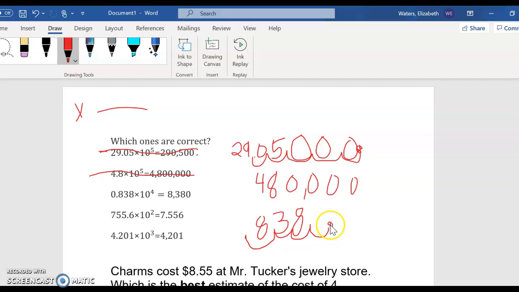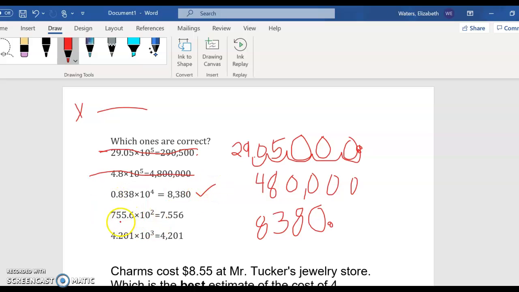My new decimal goes here. A 0 goes in the empty space. I'm going to erase my original decimal. And so my answer is 8,380. That matches, so that one is correct.